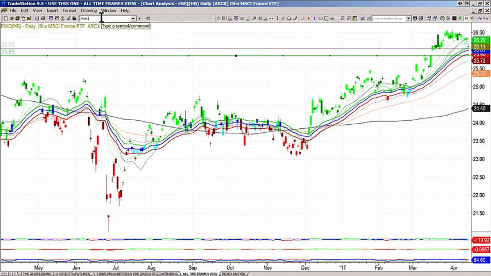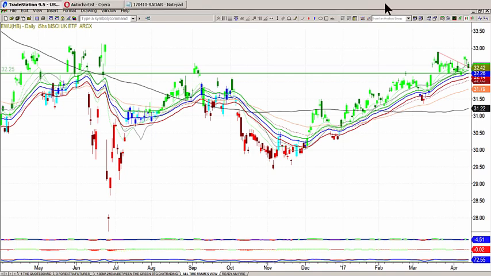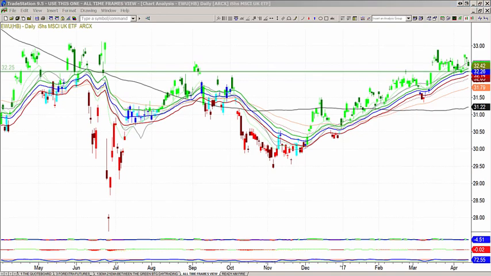By the way, EWU, which is a play on the UK, is also coming back to some levels that I'm interested in. I've been in and out of this one, playing basically the FTSE for some time. And I'd like to get long again, because even though we're still going through a lot of Brexit uncertainty, we have actually baked into the cake and discounted so much possible calamity that it's tough for the market to really get that freaked out about the UK economy.